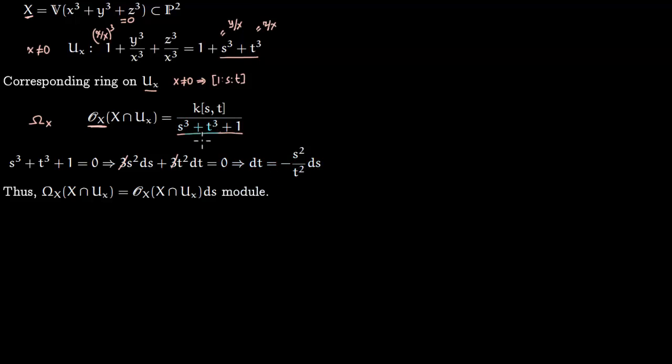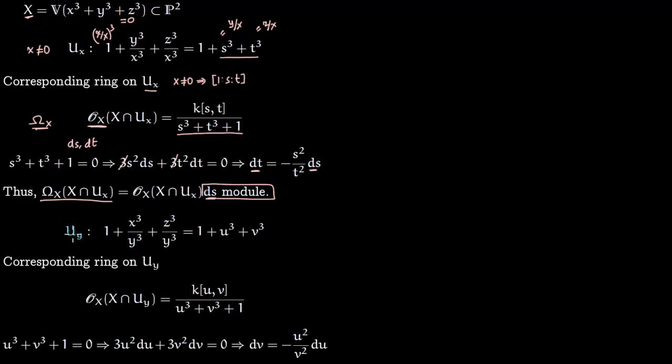So in the denominator we were expecting both ds and dt, but dt can be generated by ds. So therefore this module Omega_X is just a ds module. We were expecting it to be a ds and dt module because of s and t, but this dt can be written as a function of ds. So you just have a ds module.